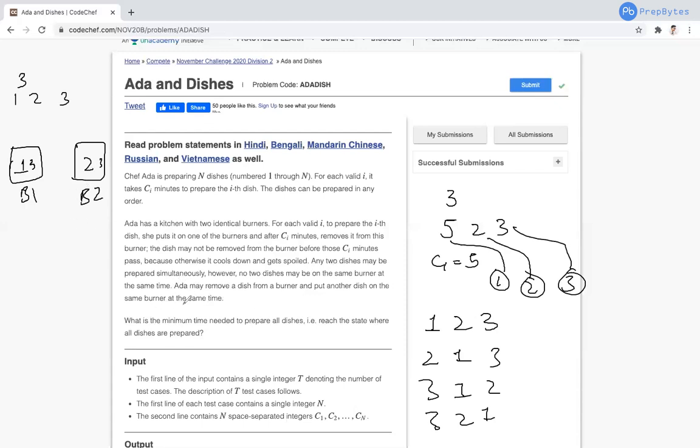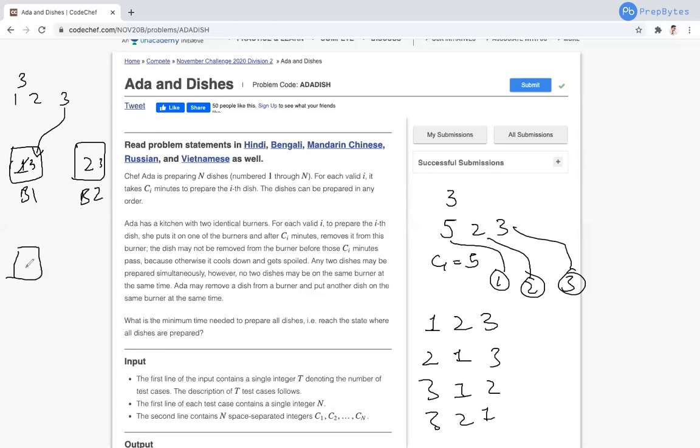Now let's read further. Ada may remove a dish from a burner and put another dish on the same burner at the same time. So after 1 minute, the first dish will be completed, then the third dish can come and get prepared in 3 minutes. Let's understand it once again.